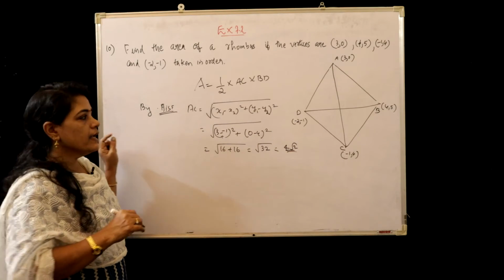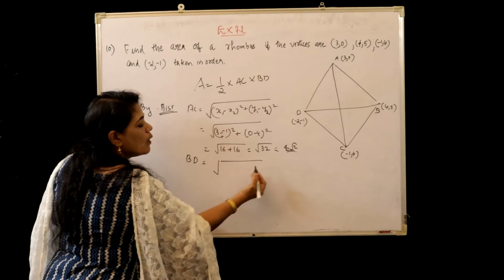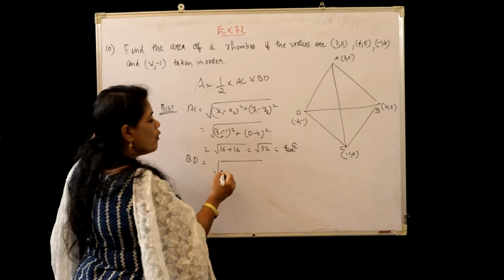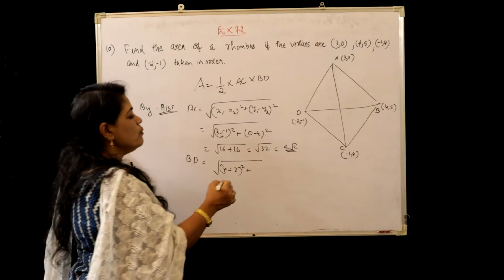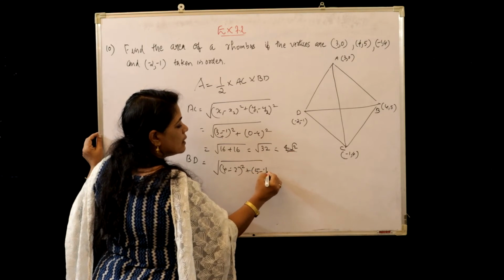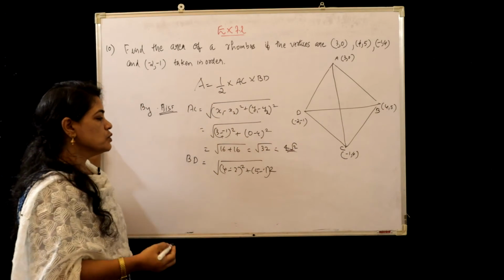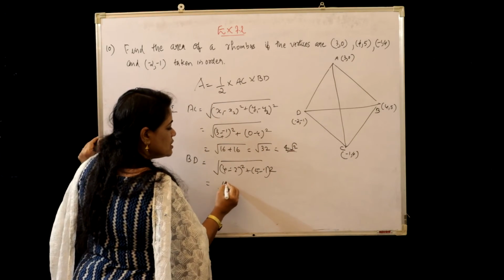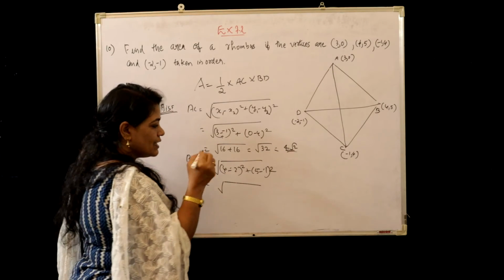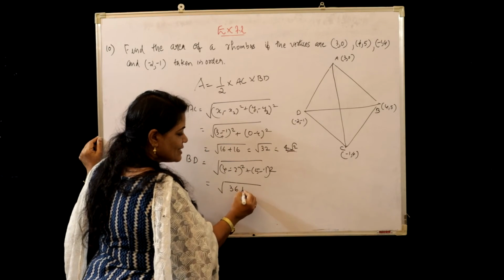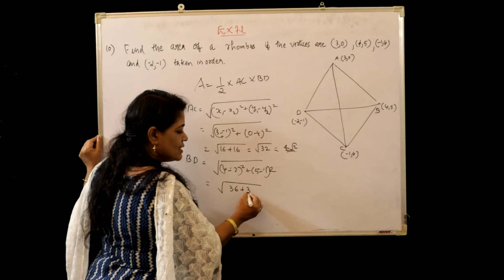And the second diagonal BD using the distance formula, that is (4 minus minus 2) whole square plus (5 minus minus 1) whole square. See children, x1 minus x2, 4 minus minus 2, is 4 plus 2, that is 6, 6 square is 36, and here also 5 minus minus 1 is 6, 6 square is 36.